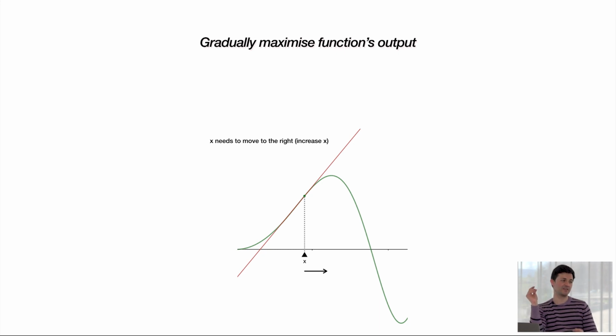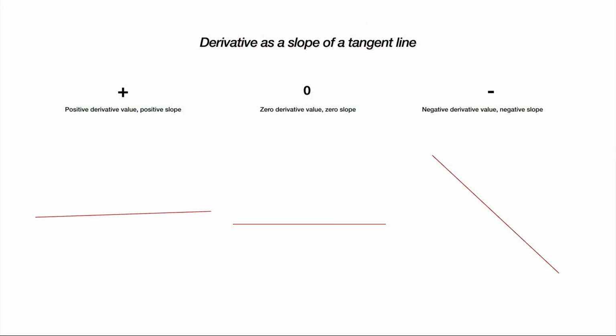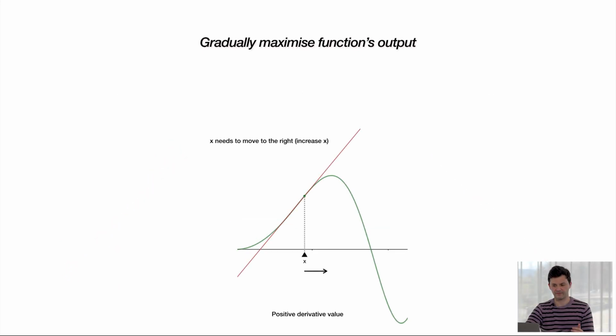Okay, the next question is, according to the last slide, what kind of derivative value is this? Is it a positive value? Is it a negative value? Or is it equal to 0? If you look at the last slide, you will realize that this kind of slope indicates a positive derivative value. And then the last question would be, is it better to increase x by a small value, like this, or maybe we should use a larger value?